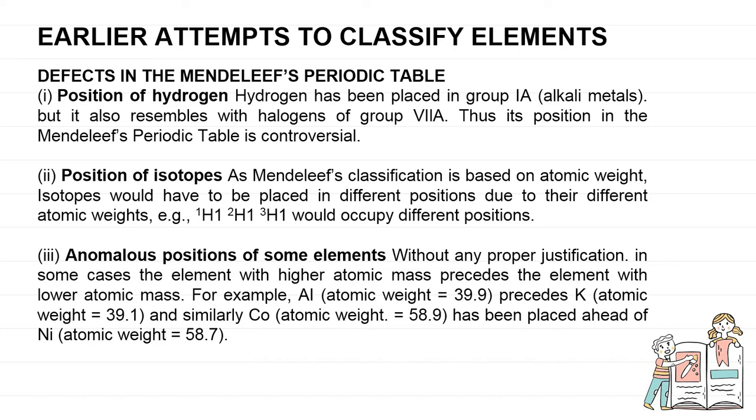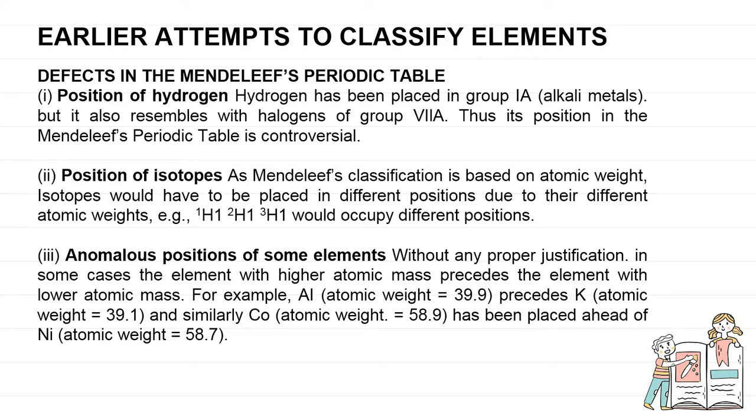Another defect is the anomalous positions of some elements. Without any proper justification, in some cases an element with higher atomic mass precedes an element with lower atomic mass. For example, argon having atomic weight 39.9 precedes potassium having atomic weight 39.1.